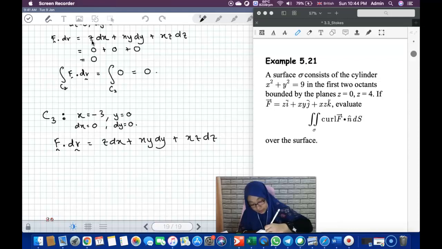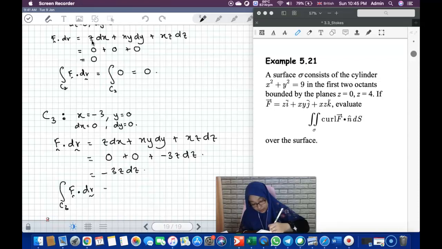We substitute dx 0 and dy 0, and we have minus 3z dz. So on C3, f dot dr is negative 3z dz.